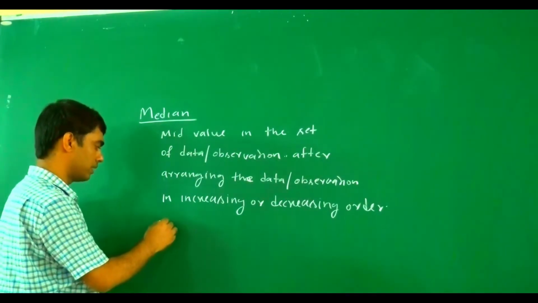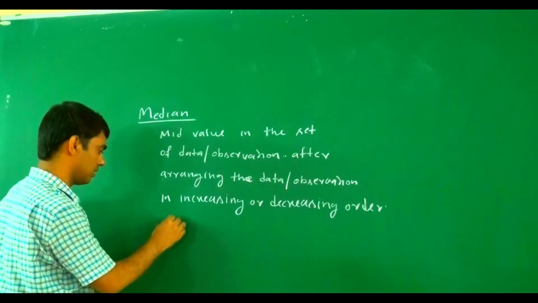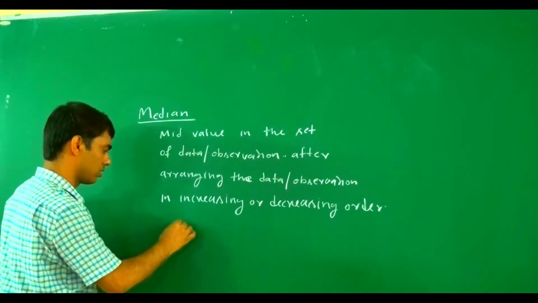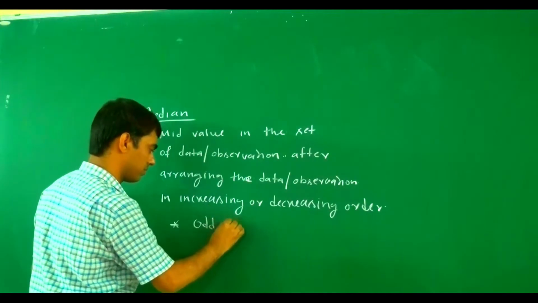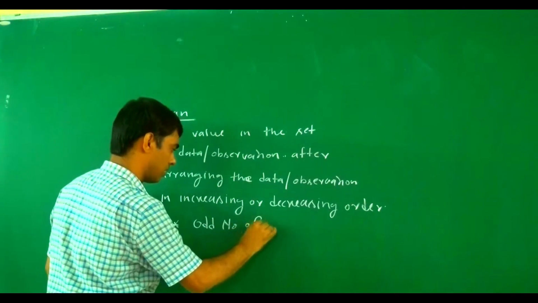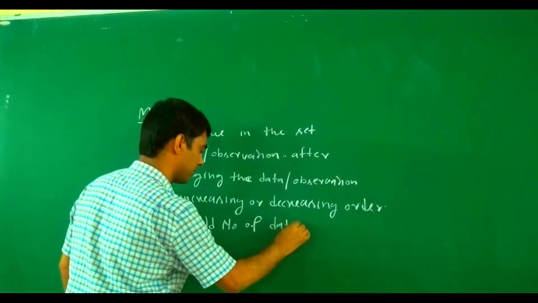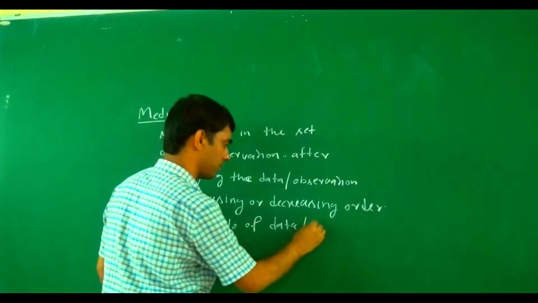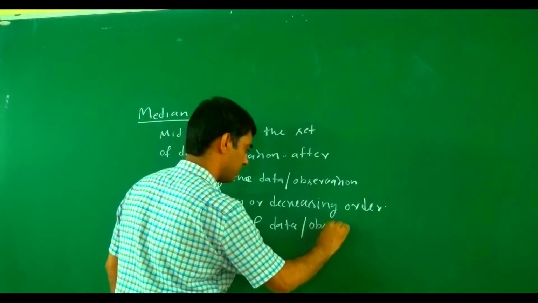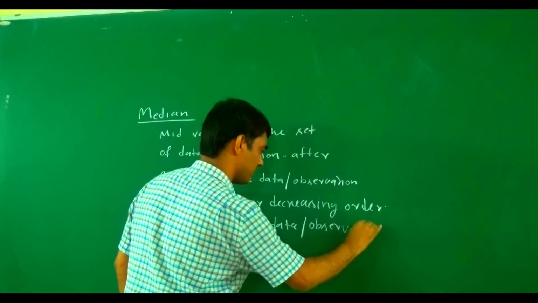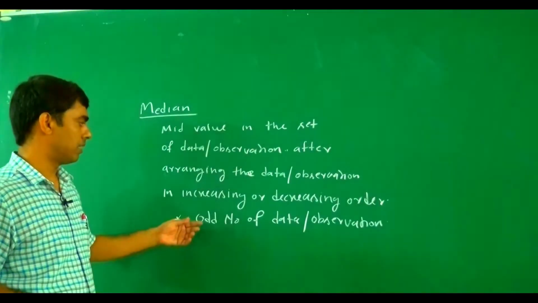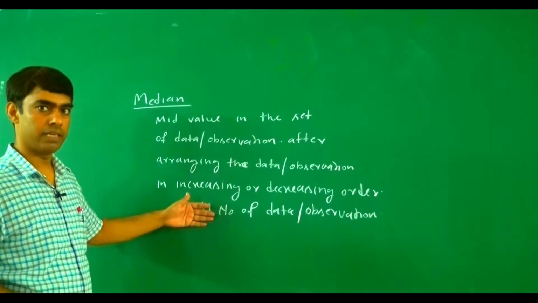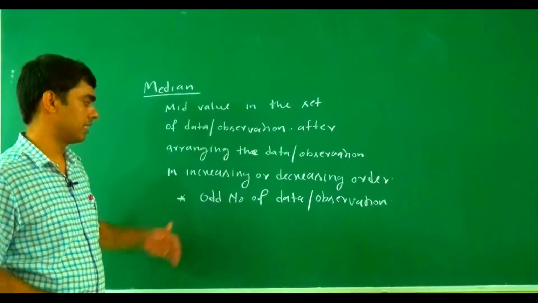So the first possibility is an odd number of data. Then what will happen? First we arrange the data in either increasing order or decreasing order.